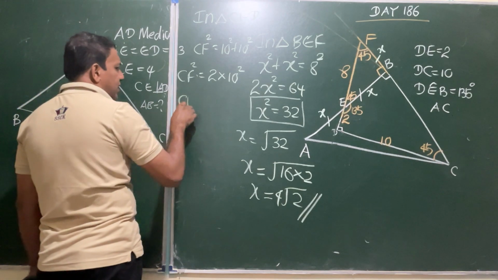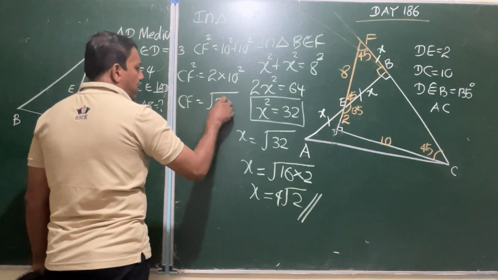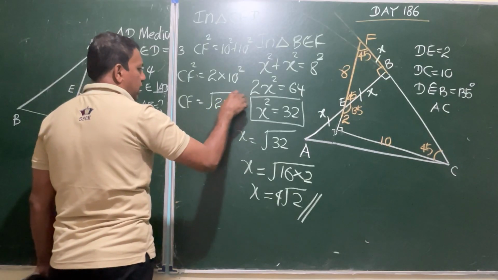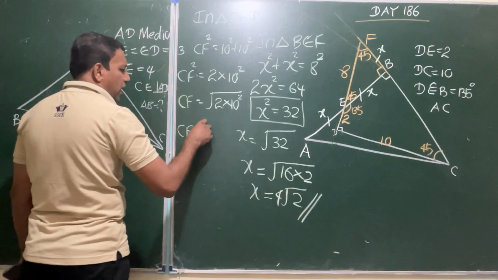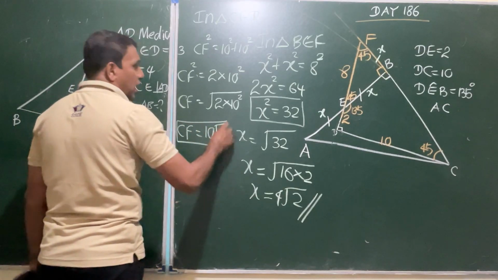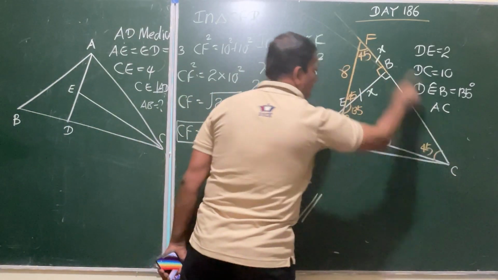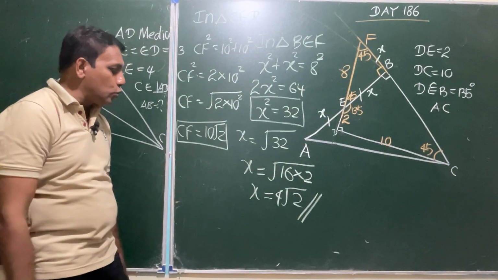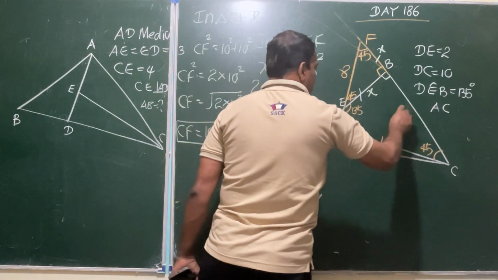Therefore CF, apply the square root, take out the 10: CF is 10 root 2. CF is 10 times root 2, but x is 4 root 2. Therefore this is 6 root 2.